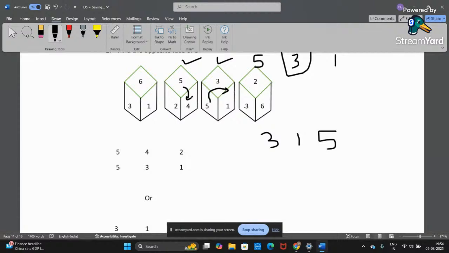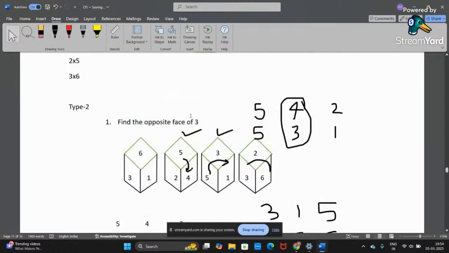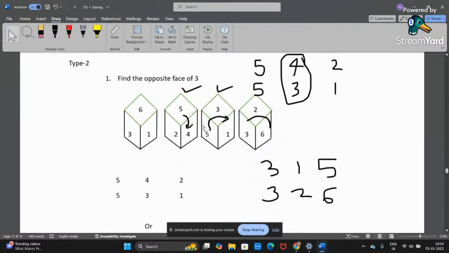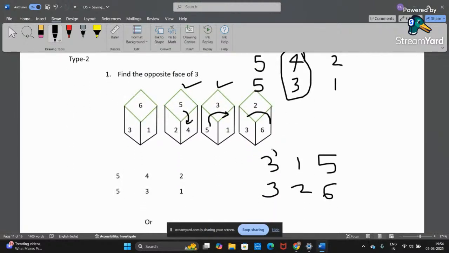Here we have to start with 3 because 3 is the common number. 3 clockwise, 3 2 6. What do you have to find? The opposite face of 3, right? Which number is missing in this? For 1 it is 2, for 5 it is 6, we know. Then for 3 it should always be 4. 4 is the answer. Right?